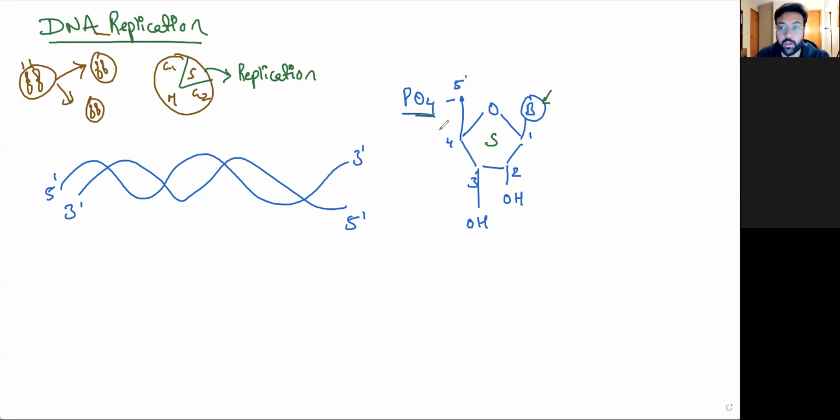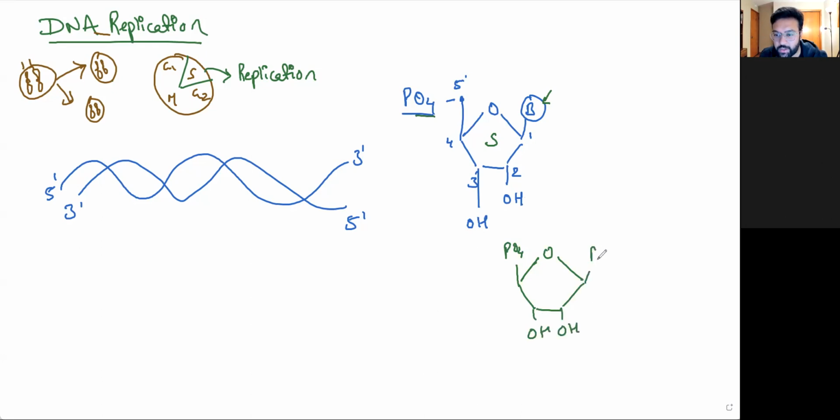Now the incoming phosphate has to attach to what part? If I have another nucleotide, the phosphate of the incoming nucleotide will attach where? Very good, it is going to attach to the 3 prime.